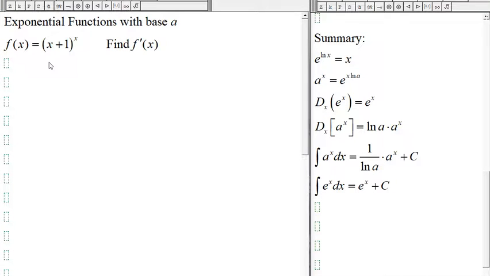Here we have the function x plus 1 to the x, and we want to find the derivative. And so again, this is the same as y equals x plus 1 to the x. Now we take the natural log of both sides.